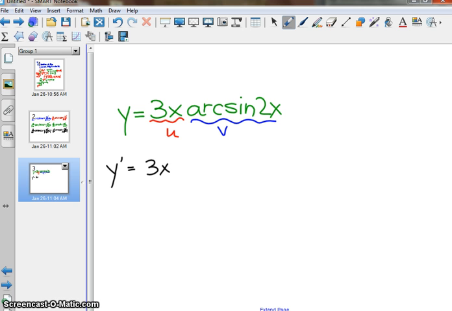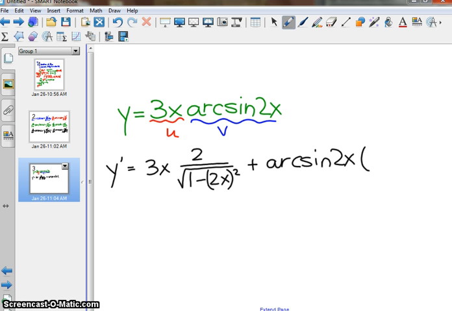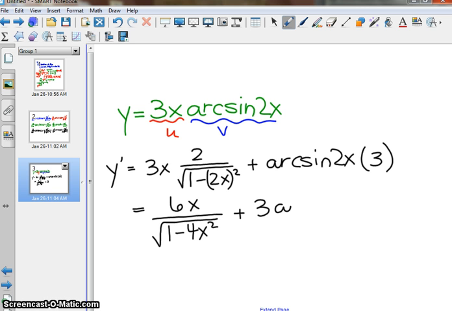The derivative of arc sine of 2x is 2 over the square root of 1 minus 2x quantity squared. U prime over the square root of 1 minus u squared. Plus the second times the derivative of the first. So if we simplify that, that's 6x over the square root of 1 minus 4x squared plus 3 times arc sine of 2x.